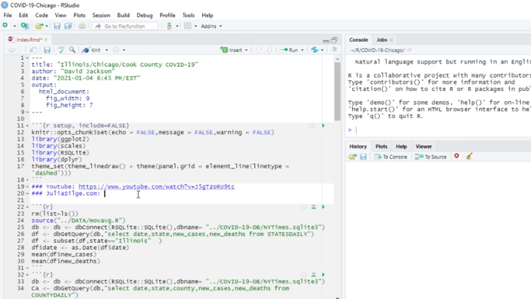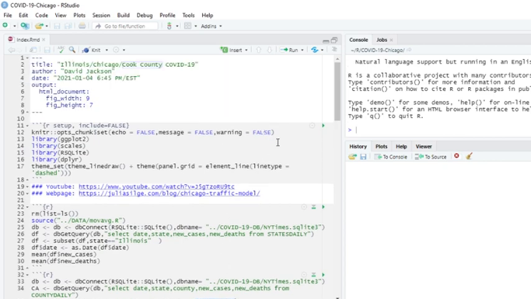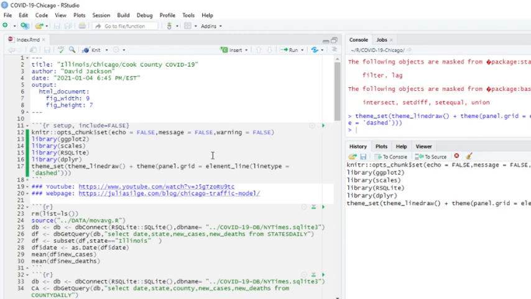And this is just the two sources. All right, so that does that for us. So we'll come down, we're going to pull two sets. First we're going to pull the state level data, then we're going to pull the county level data. As it says above, Chicago's in Cook County. Let's just load our libraries right off the bat.